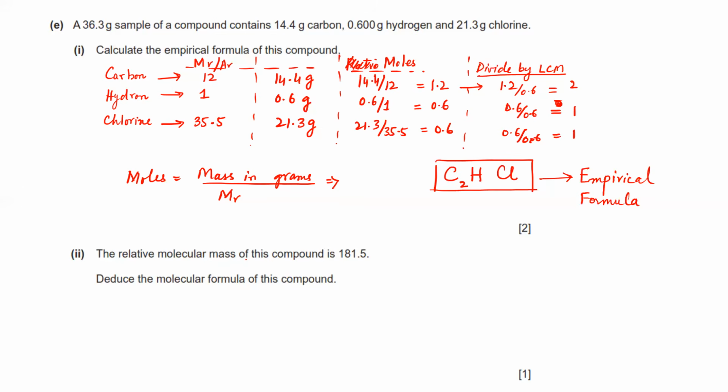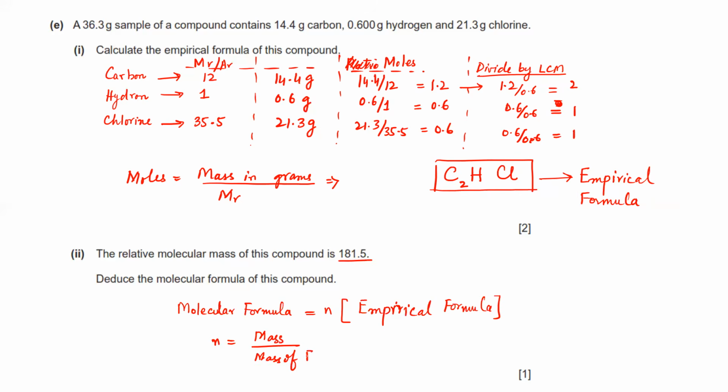Okay, so this is how you calculate the empirical formula. Then part 2: the relative molecular mass of the compound is 181.5. Deduce the molecular formula. So remember, molecular formula is N times empirical formula, and this N is mass divided by mass of empirical formula.